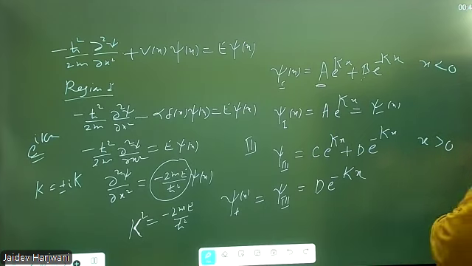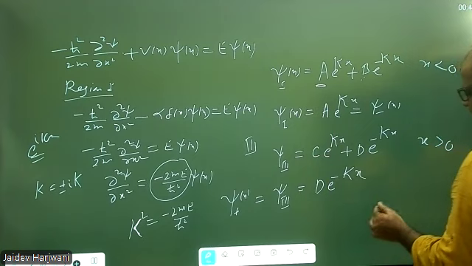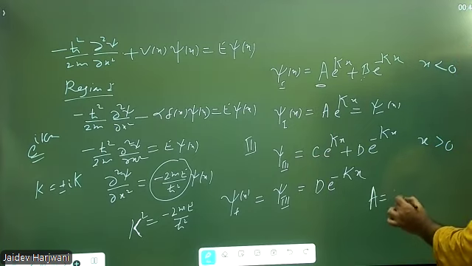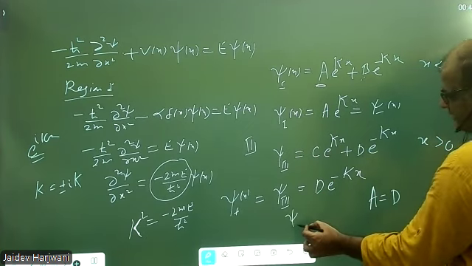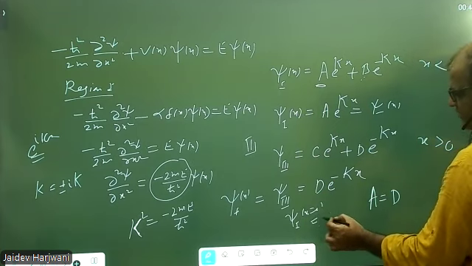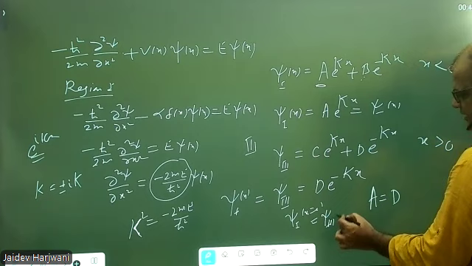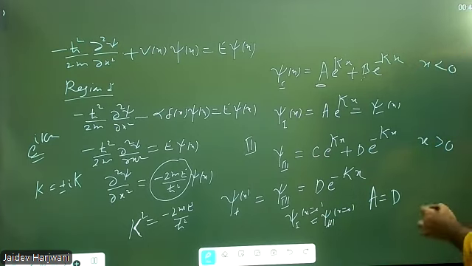So a should be equal to d, because at x equal to 0, psi 1 should equal psi third. Both should match, so this becomes a equal to d.